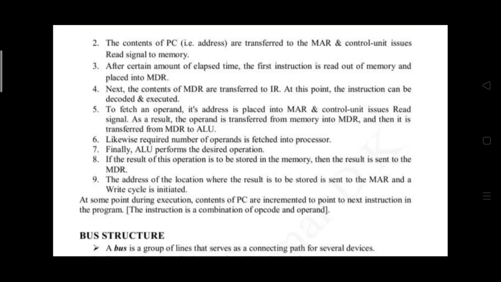In the same way, the second instruction address is prepared. What is the second instruction? Add R1, R0, right? Just go through, watch the video again, note down the things, okay?